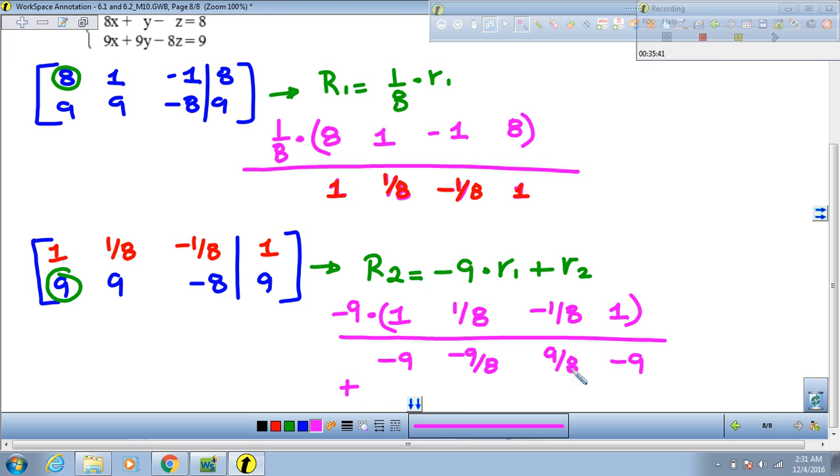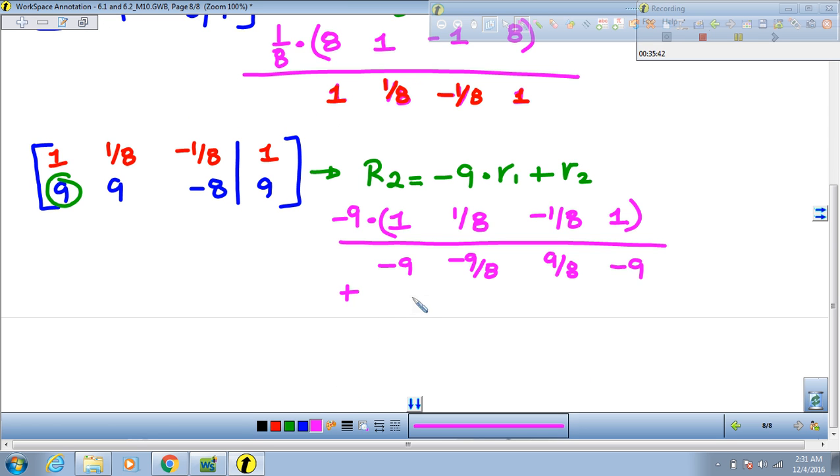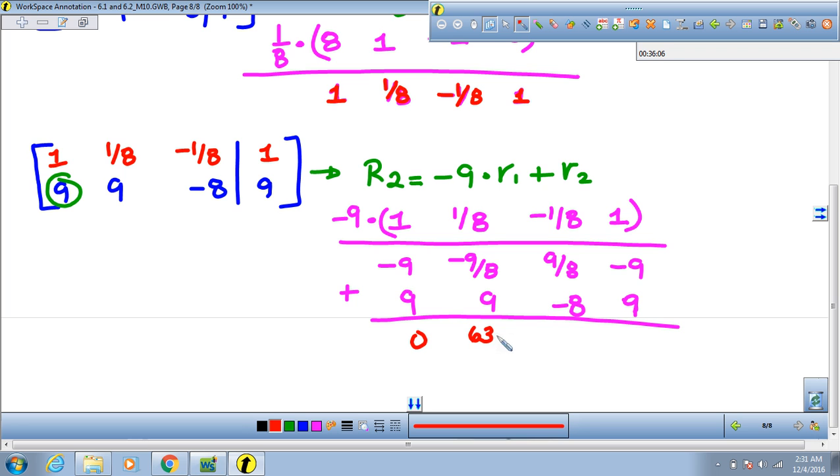Then we're going to add all these values to every number in row 2. So we rewrite them here. Negative 9 plus 9 is 0. Negative 9/8 plus 9 is 63 over 8. You can use the calculator. I already did them ahead of time to save time right now.